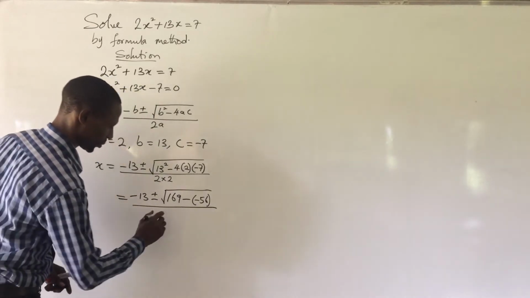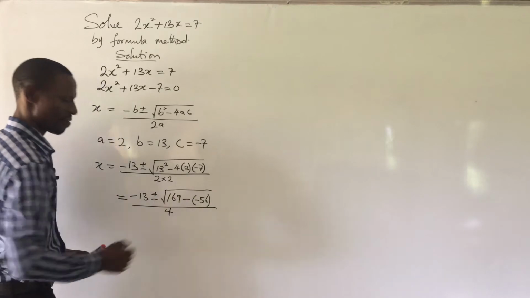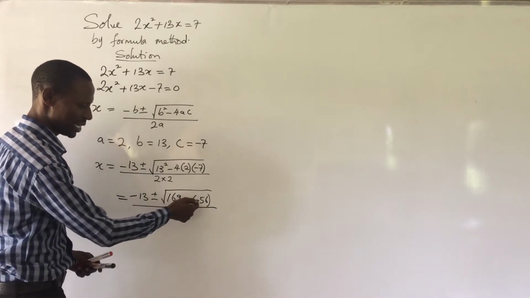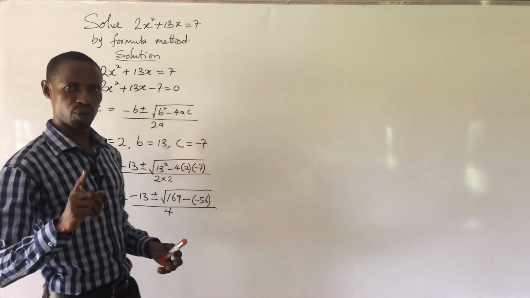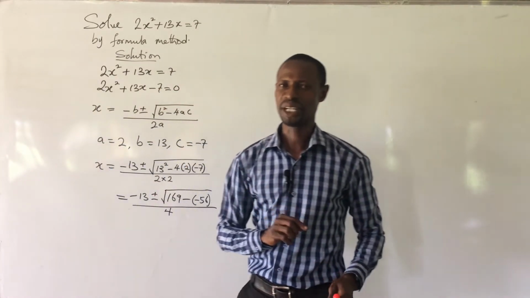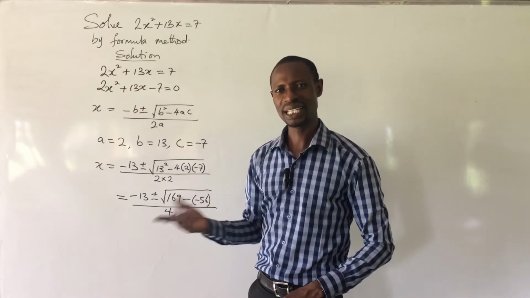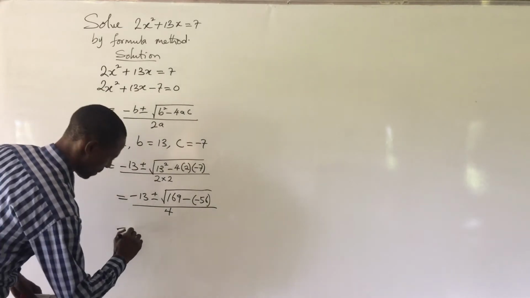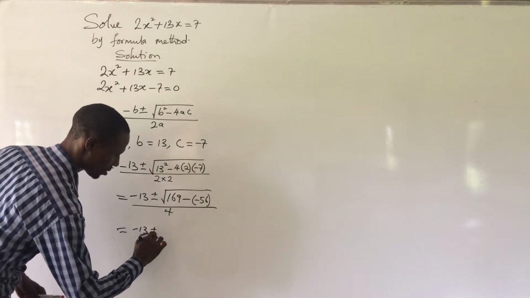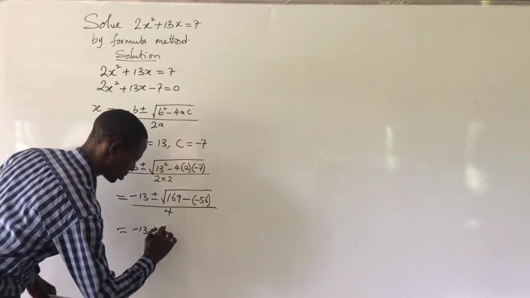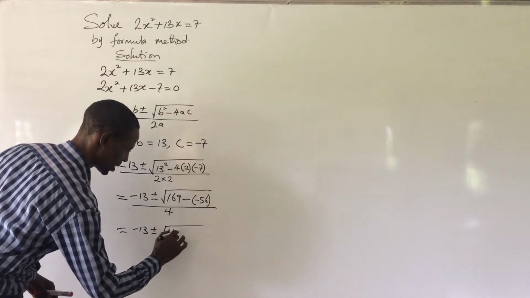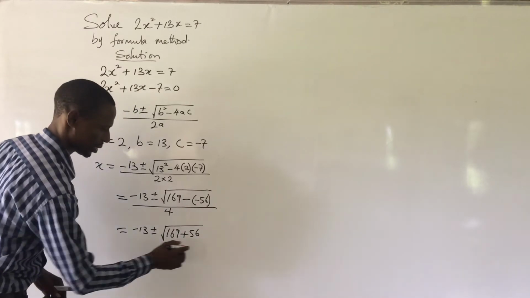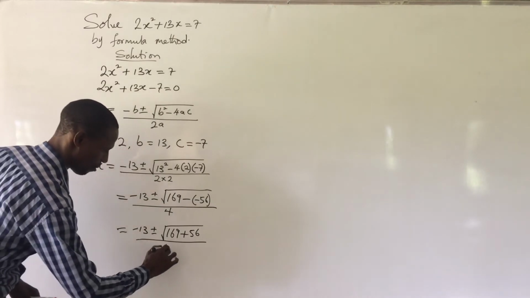All over 2 times 2 will give us 4. So we go ahead and deal with the two minus signs inside this place. And you were told in your primary or elementary mathematics that minus times minus gives plus. So this is equal to minus 13 plus minus the square root of 169 plus 56 all over 4.